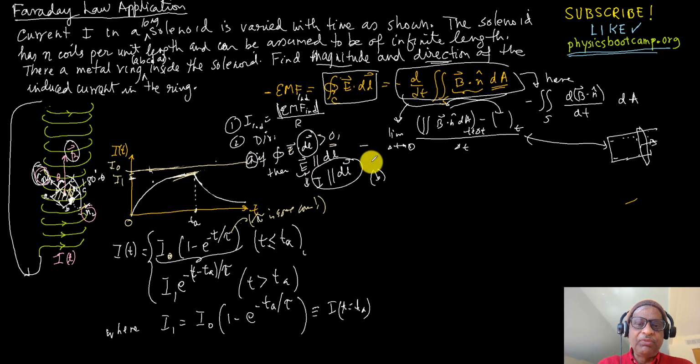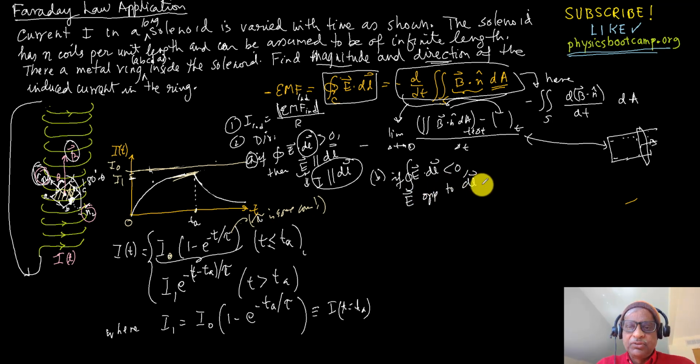Another is if the E dot dl integral gave me negative, then E will be opposite to dl. So whatever direction I picked for the dl, and this is the direction for the I, so I will be opposite to dl.